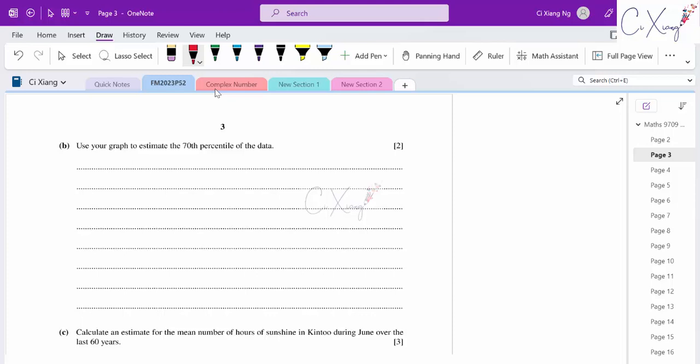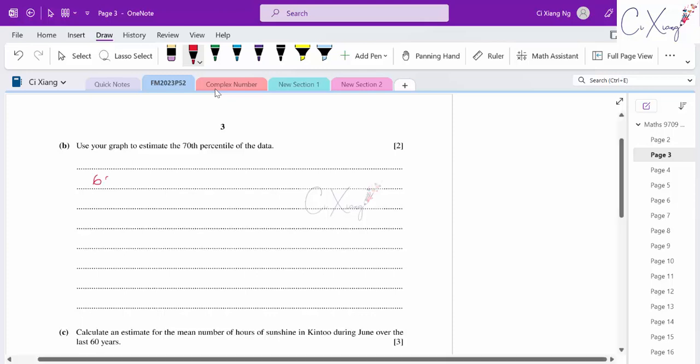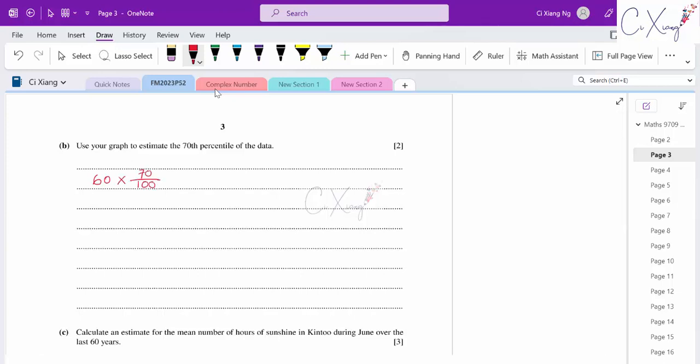So we are having 60 years in total, and the 70th percentile of 60 years will be 70 divided by 100 multiplied with 60. So from here I get the value 42. So that means I need to read the value from the cumulative frequency axis from the value 42.